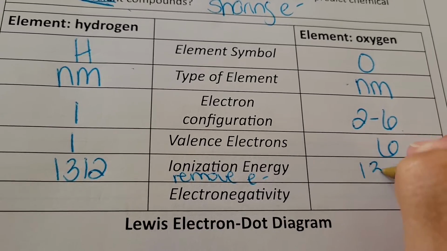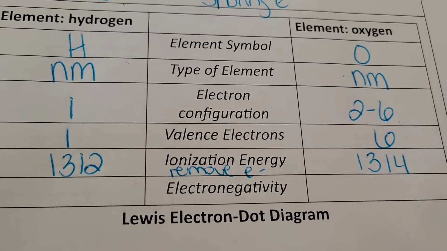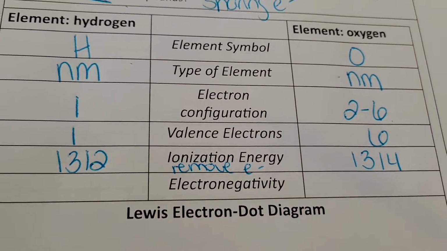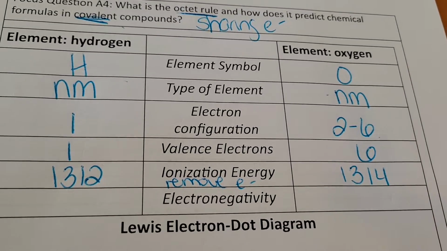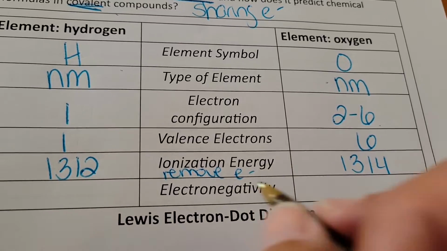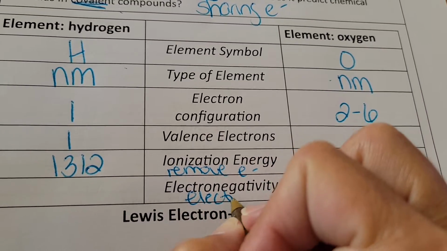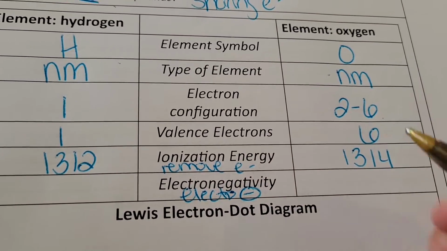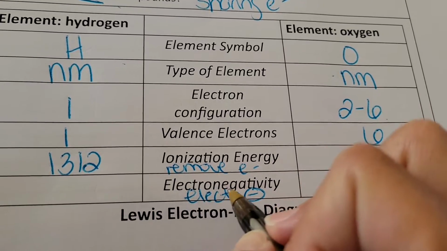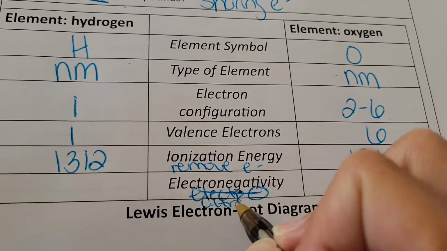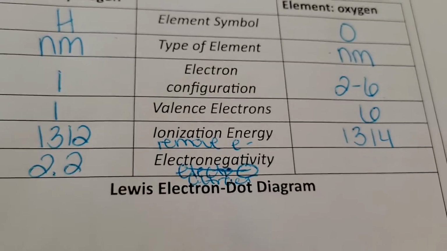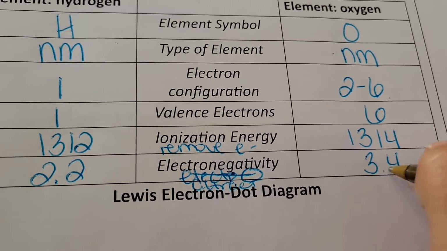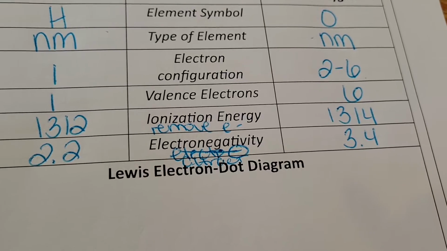And oxygen is 1,314 because it has 6, so it has almost a full shell, so it's not really wanting to lose electrons or take electrons away. Electronegativity is your attraction for electrons. Sorry, attraction is what I should have written there. So 2.2, reasonably high. 3.4, high because it has 6.